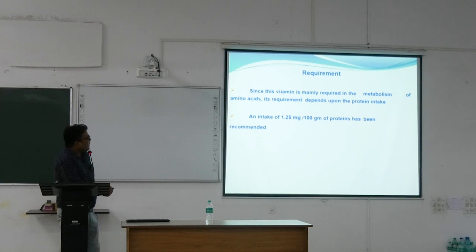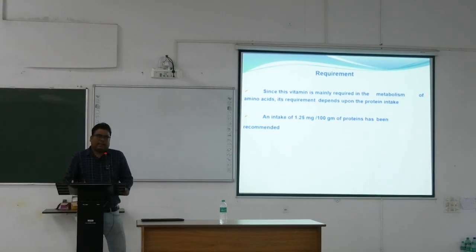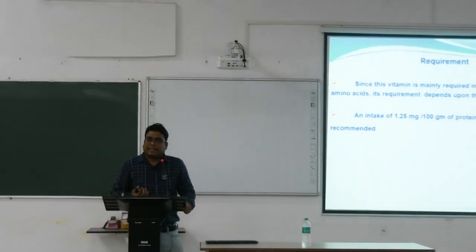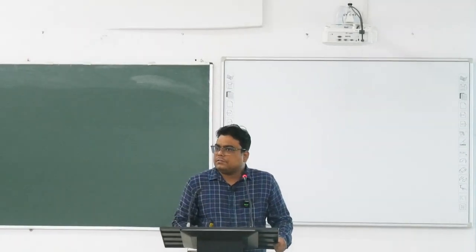Now, the requirement of this vitamin is mainly for the metabolism of amino acids. So its requirement depends upon protein intake. If a person takes a high amount of protein, they need a high amount of coenzymes for further metabolism.